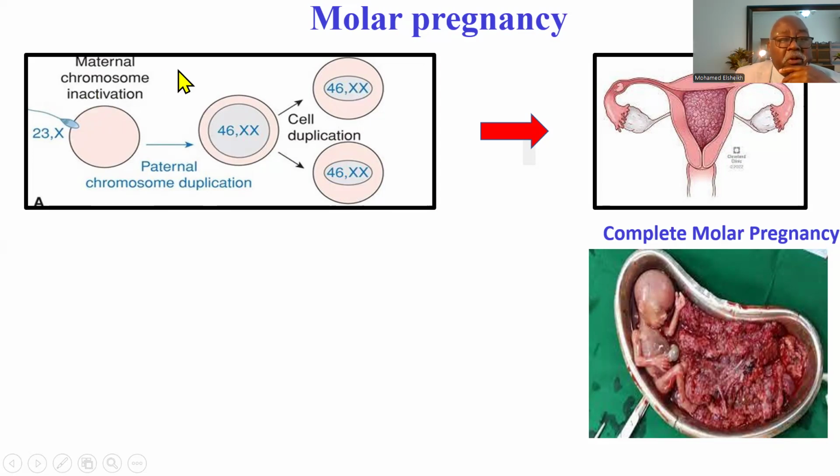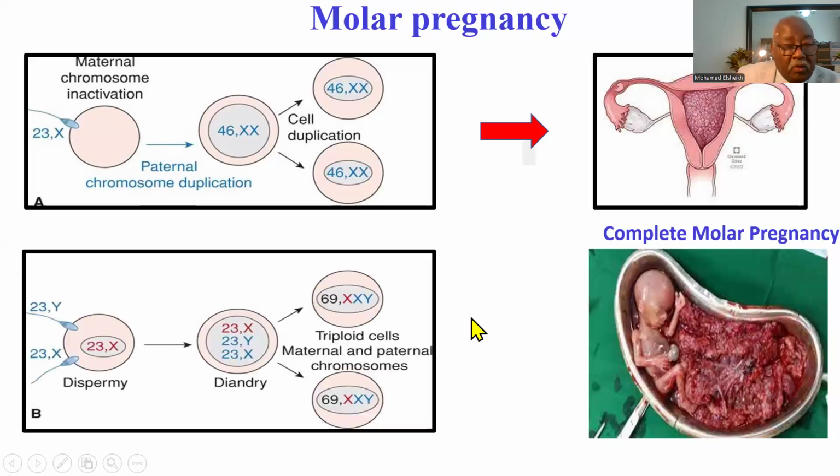The maternal chromosomes are inactivated in the ovum. So let's say it again: maternal chromosomes inactivated, empty ovum, fertilized by a sperm, genetic material being duplicated to form 46XX, and that leads to the complete hydatidiform mole.